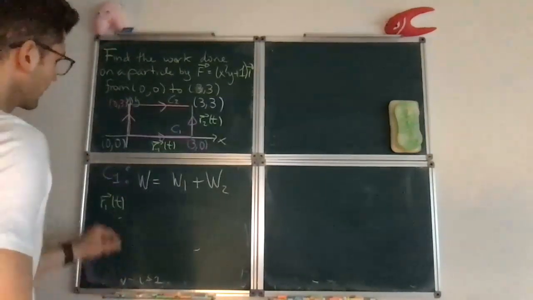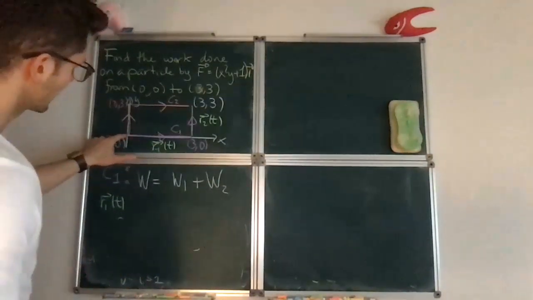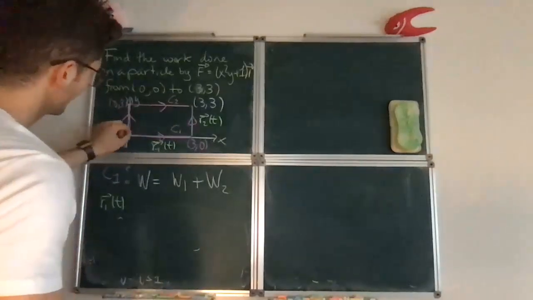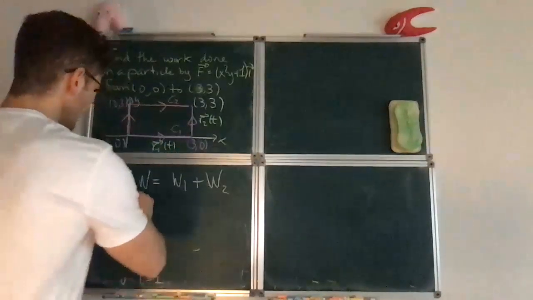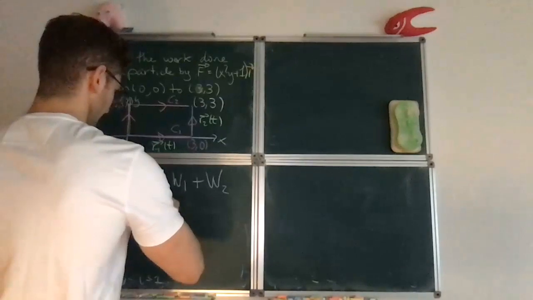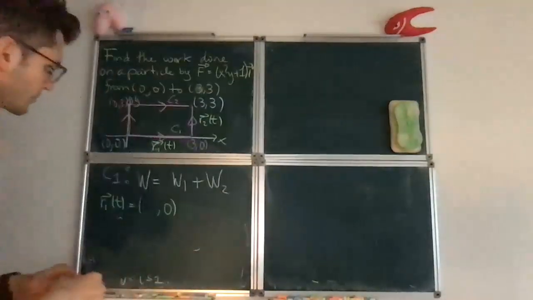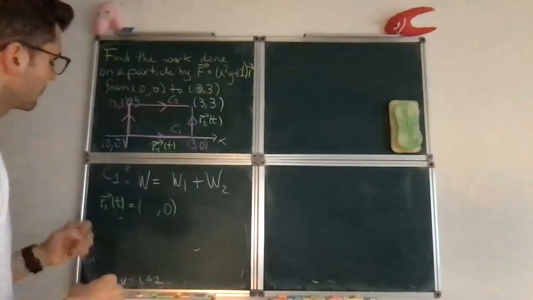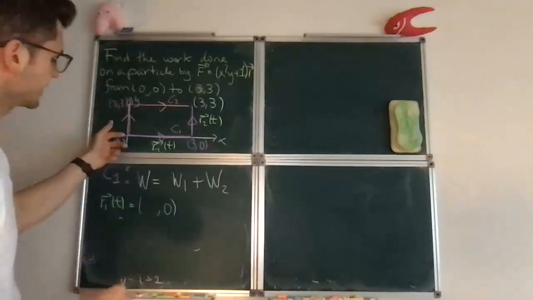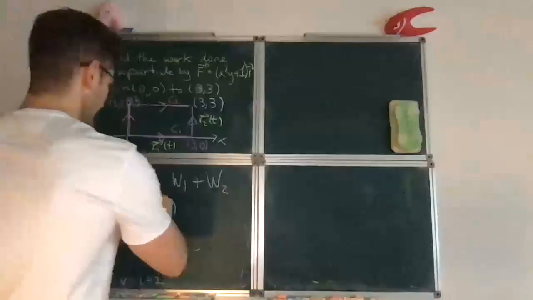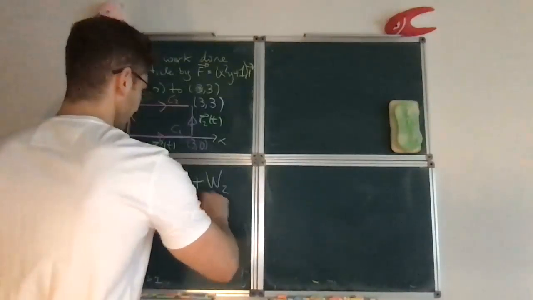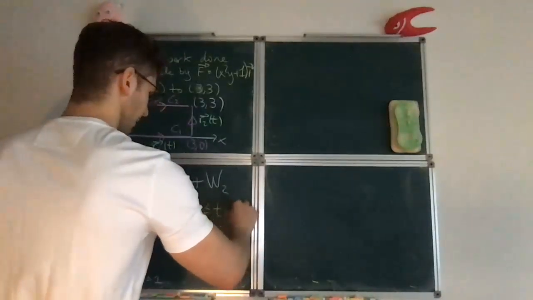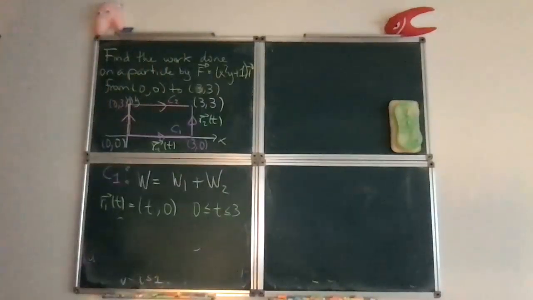So if you're a particle along this path, notice that the y component is always 0. And then for the x component, you can just take x to be t, where t goes from 0 to 3. So you could ask, how did I find this out?